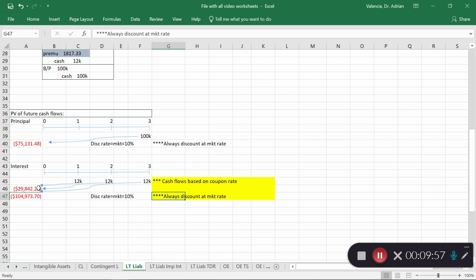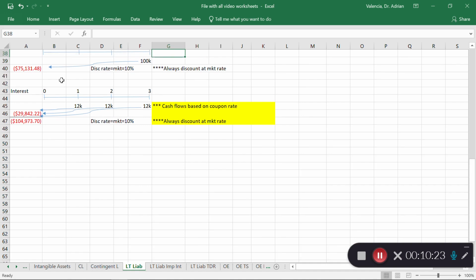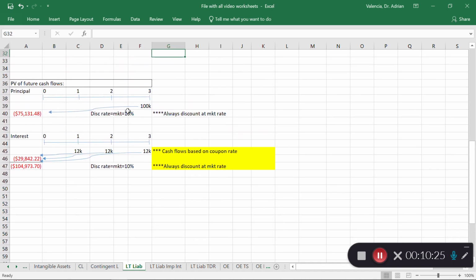That gives me roughly 3 payments of $12,000 over the next 3 years. The present value of that is roughly $30,000, right? So if we sum up the present value of all future cash flows, that's where I'm getting the 104,973 that I put up here. If you were in a discount situation, your market rate would be higher than 12%, right?